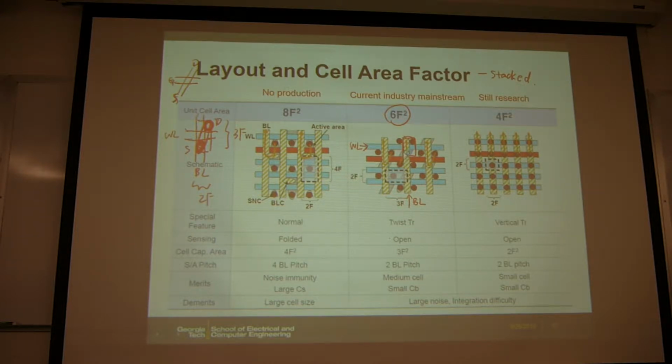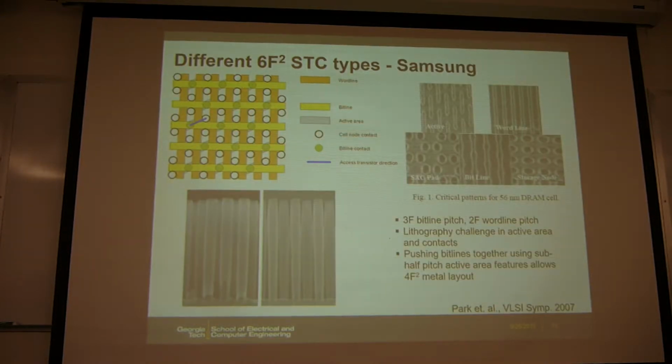And then let's look at some examples from different vendors. For example, Samsung, here we have this STC stacked capacitor 6F square layout. In this layout, the wordline is this orange one, and it's vertical. But as I said, normally we draw wordlines as rows and bitlines as columns.